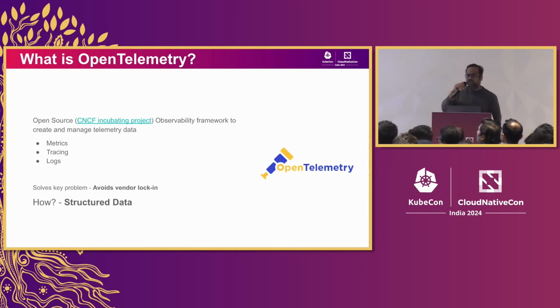Basically, they provide a standard set of SDKs, APIs, and data formats for collecting and exporting your telemetry data. And once you have the standard format, you can change your configuration just to match which backend you want to export the data to.